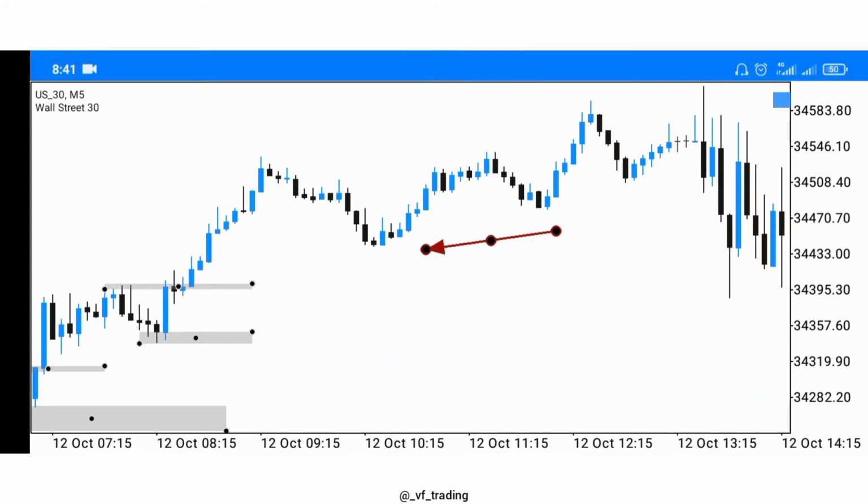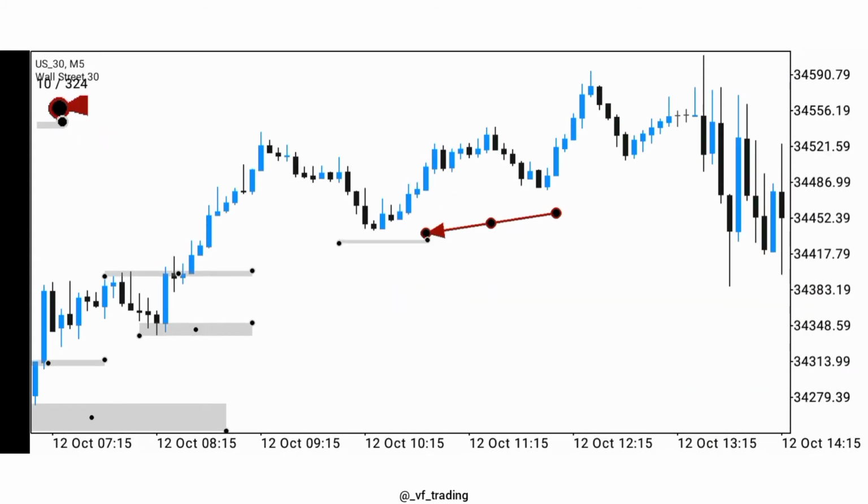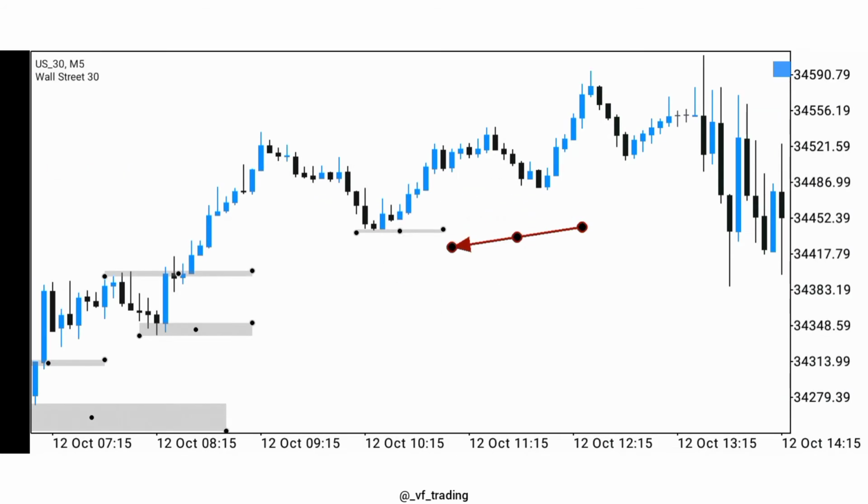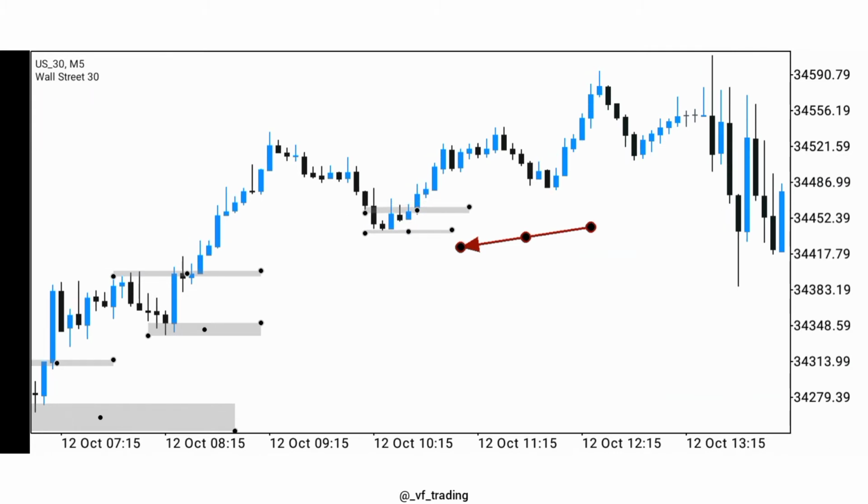How you would enter this is you would put your stop loss below the candle right here, and your entry would be at the close of the candle. And we have momentum to the upside.